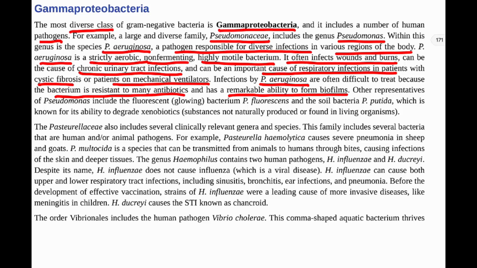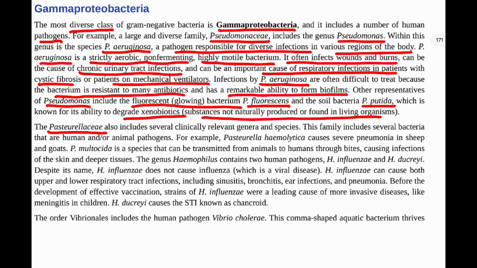Other representatives of Pseudomonas include the fluorescent bacterium P. fluorescens, and the soil bacterium P. putida, which is known for its ability to degrade xenobiotics, which are substances that are not naturally produced or found in living organisms. Here, the Pasteurellaceae also includes several clinically relevant genera and species.